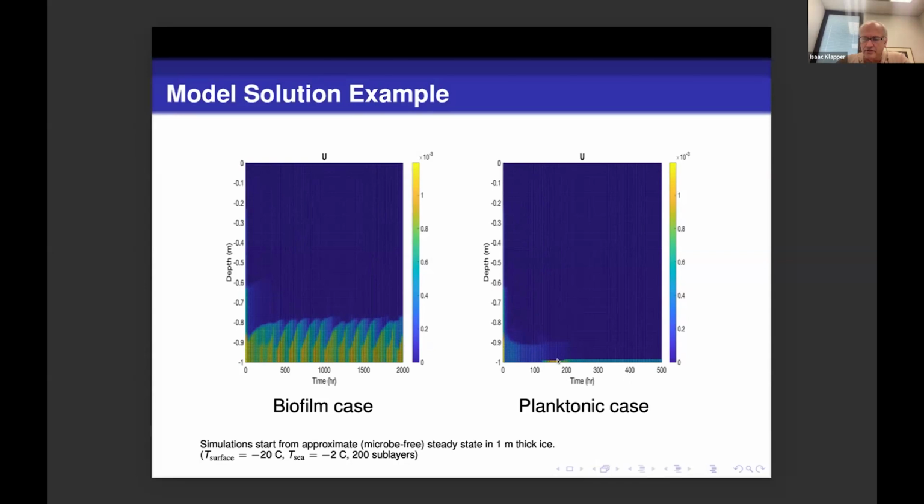It takes a little while to settle in, but you do get something going. In the planktonic case, the issue is that this flow can actually wash out the bugs. If they don't produce osmolyte fast enough, the whole thing gets washed out, and you don't get anything going. So it's less robust here, and the layer is a lot less thick.